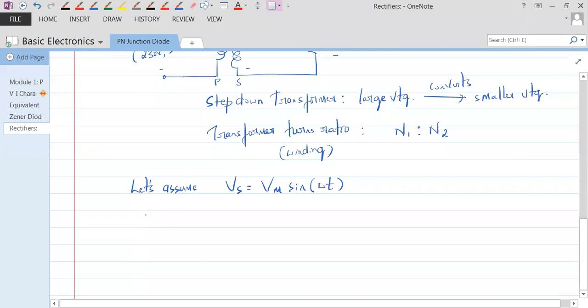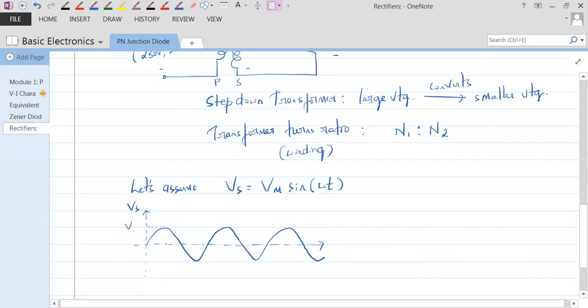So how is that going to look now? Everybody, can you draw this yourselves while I'm drawing this? It's Vm sine omega t. This is how a sine wave looks like. It keeps continuing. This is Vs. If this is Vs, what is this?